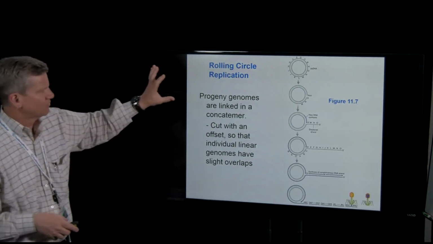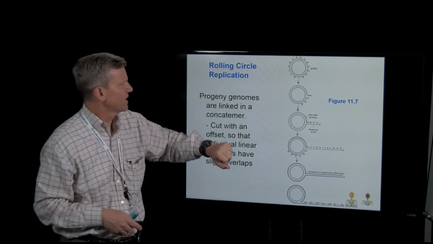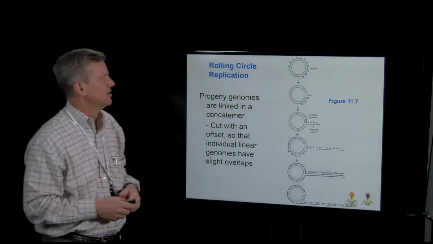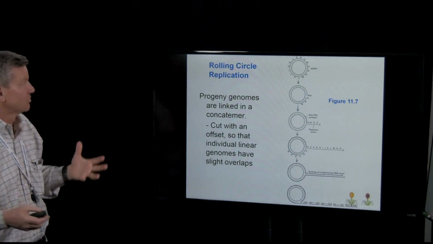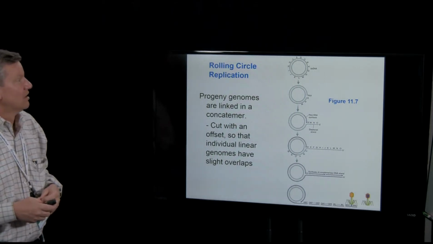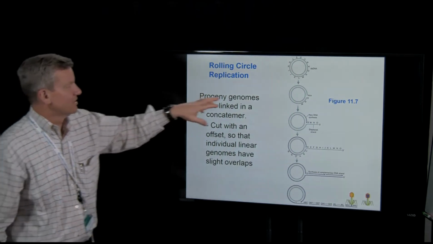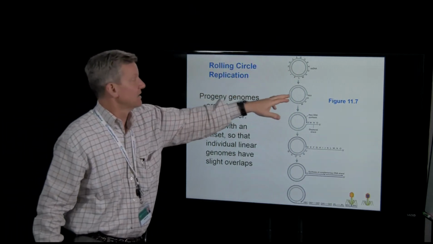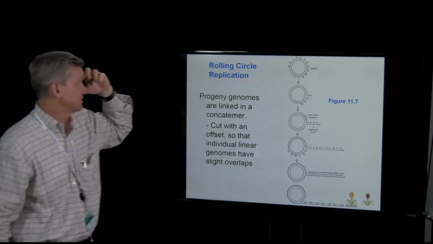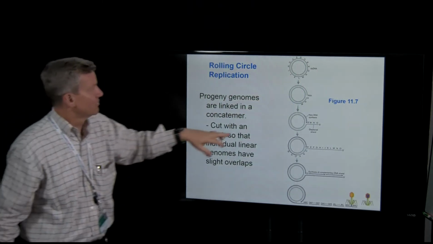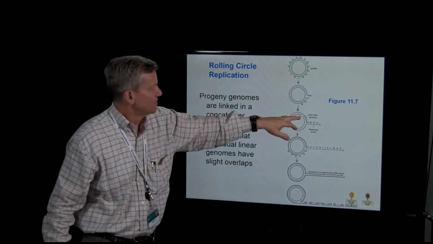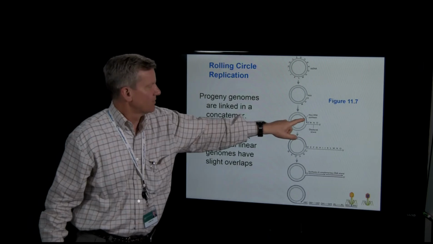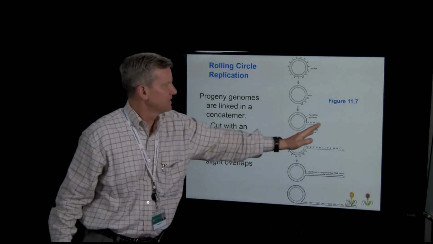So here is just a review of rolling circle replication. The first thing that happens is there's an endonuclease that nicks the circular DNA in this case, because even though the nucleic acid is linear, it can circularize because the ends overlap. And what happens is a primer comes in and starts synthesizing one strand of DNA, displacing the other strand.